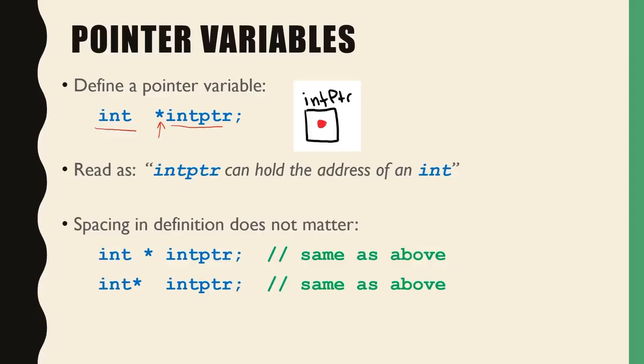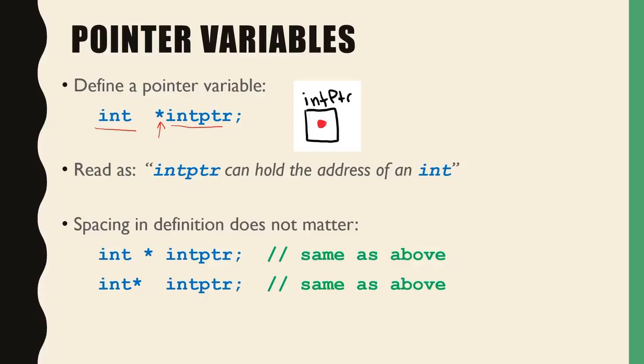Or in other words, the data type of the variable for which you're holding its memory address. So the way we would say this is int pointer can hold the address of an integer. All this does is create the pointer, but it didn't actually put a memory address inside of that pointer yet. So right now we have a pointer that points to nothing.